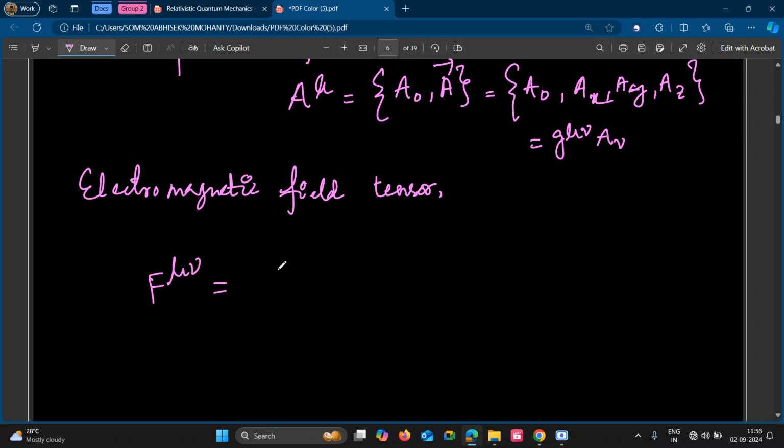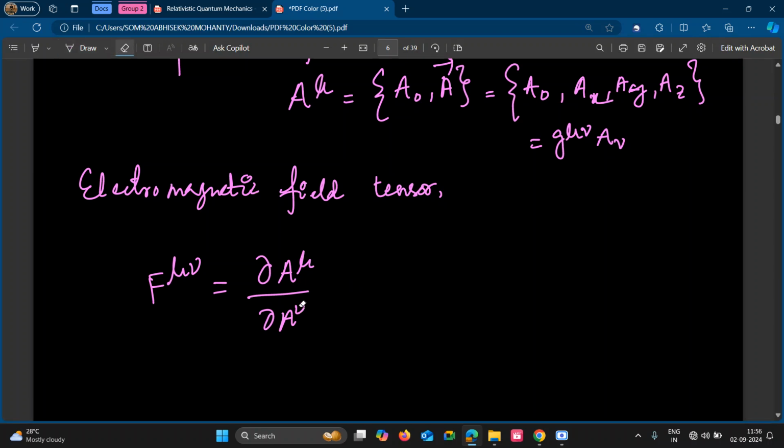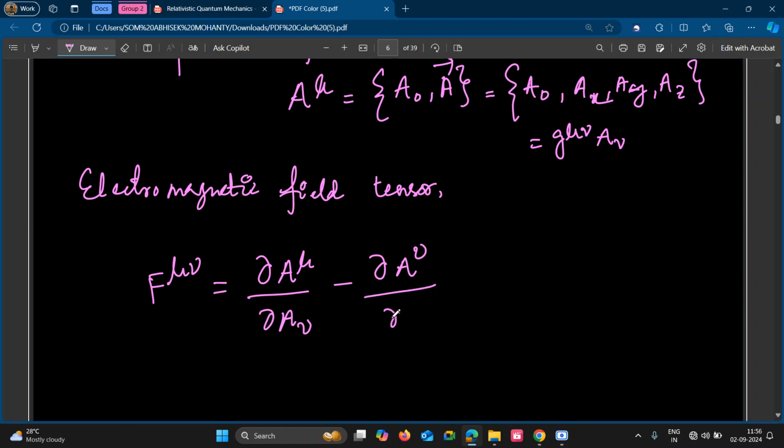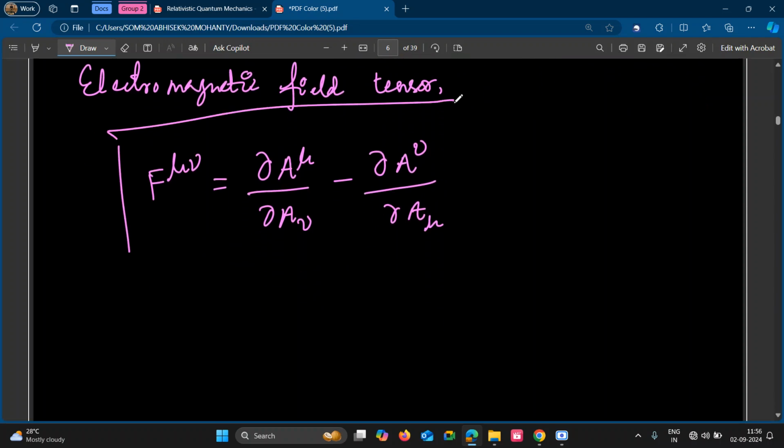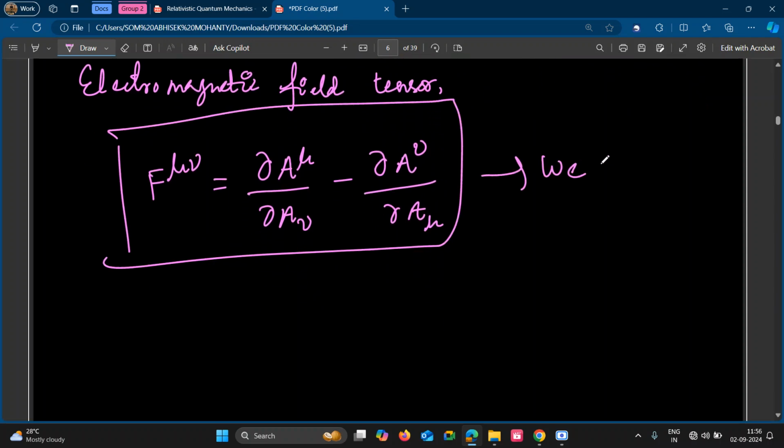F mu nu is equal to del A nu by del x mu, minus del A mu by del x nu, just like that. Okay, so this one we will do. In the next class we will derive it, derive the complete matrix in the upcoming class.